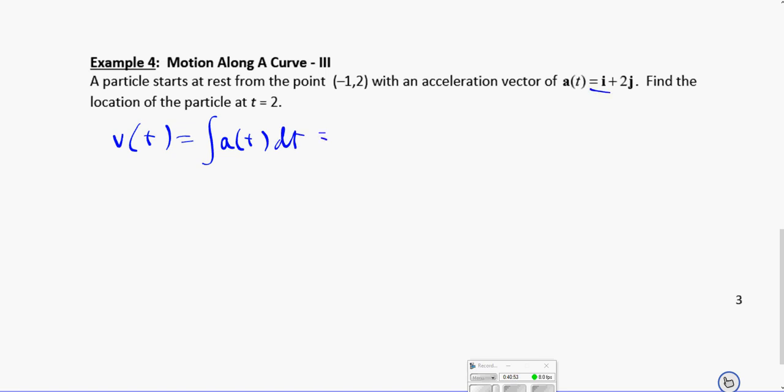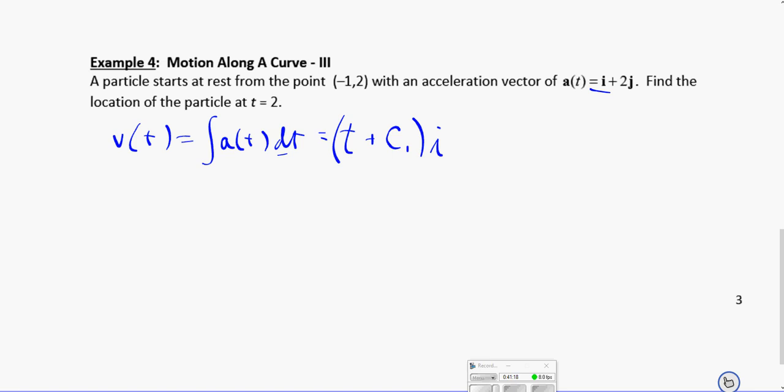So I'm going to integrate i. It's 1 times i, and I'm integrating with respect to t. The antiderivative of 1 with respect to t, like I say, is t. Say it with me, plus c.